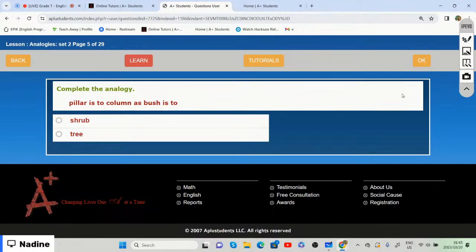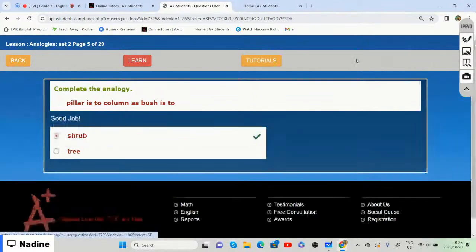So pillars are usually in columns. Bushes are in forms of, is it shrub or tree? Shrub. Let's choose shrub. And shrub is correct.